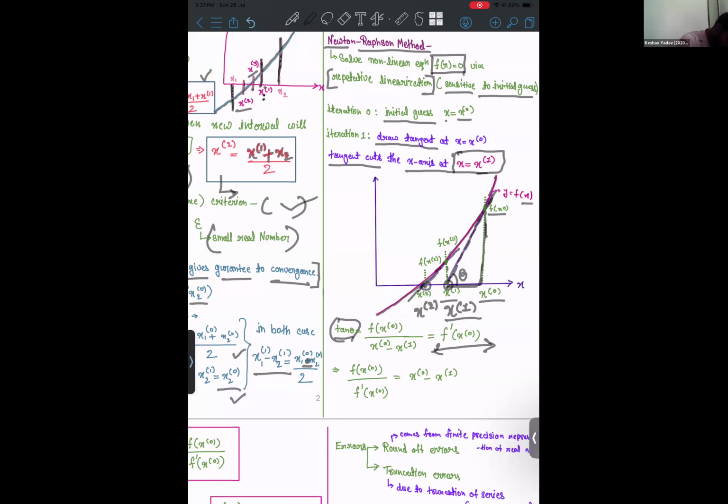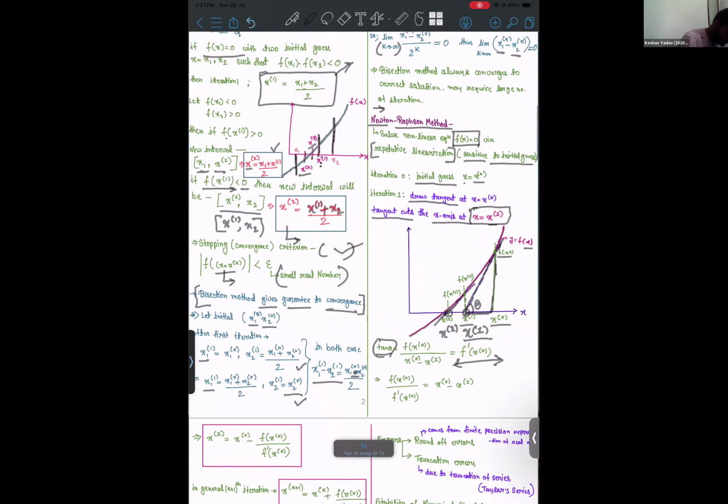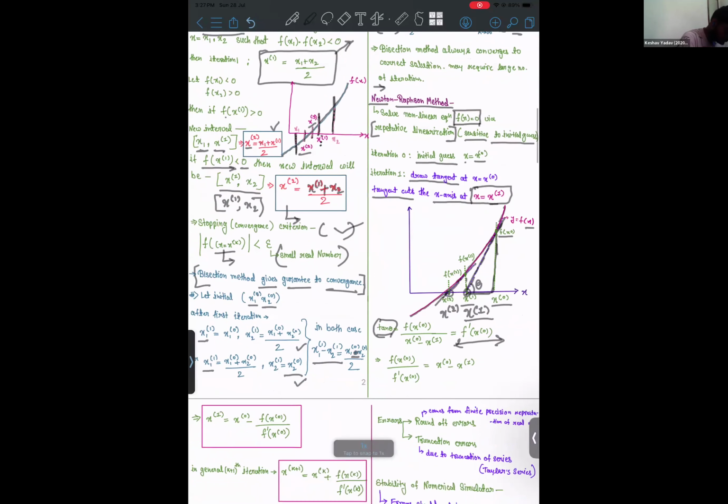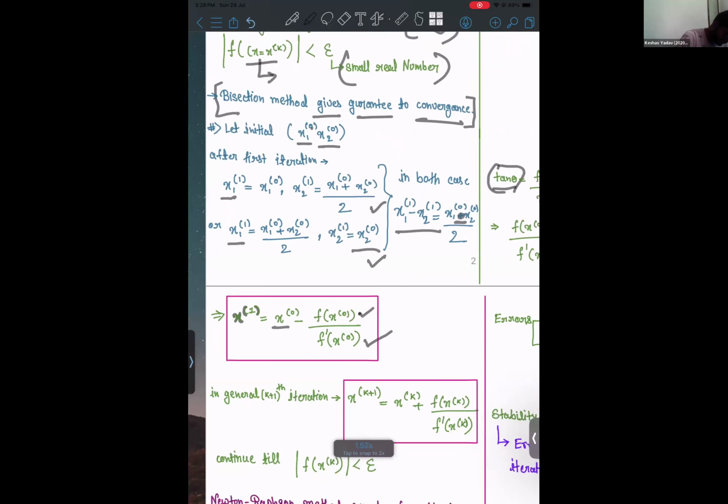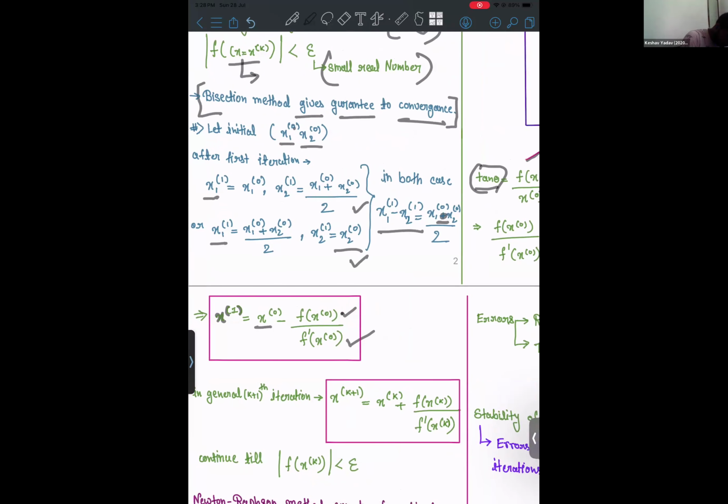If I do some manipulation, I can get x at the first iteration equal to x at the 0th iteration minus the function value at the 0th iteration divided by the function derivative at the 0th iteration. This is a repetitive term, and these are all at the 0th iteration.